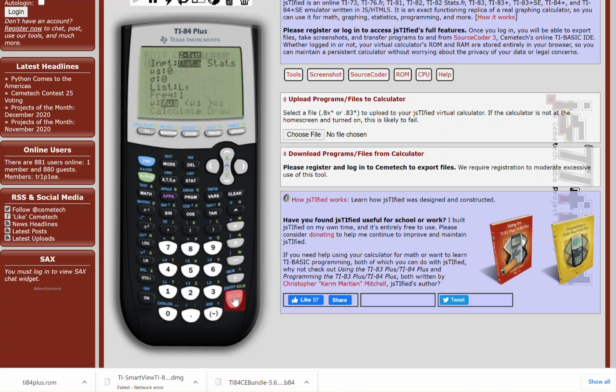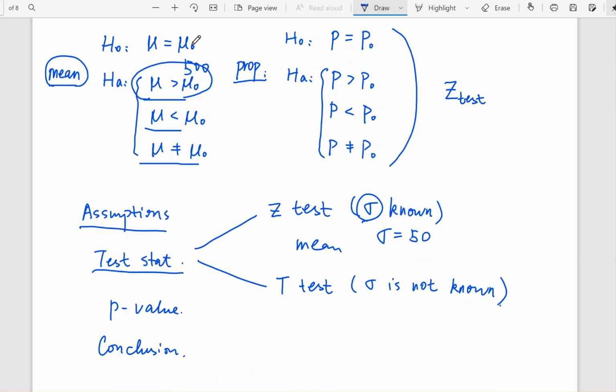So then enter. So here we need to input, here there are two options here, right? First one is the data, the other one is the stats. Data means you have the detailed information for each observation, but in this case, actually we only have the mean of it, we only have the standard deviation of it, right?